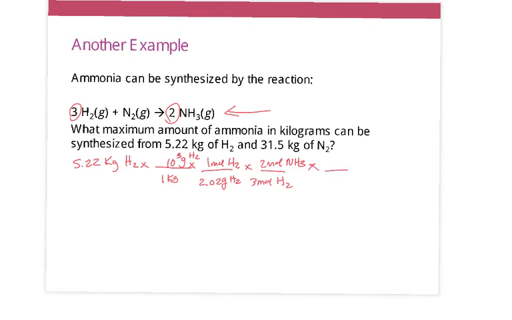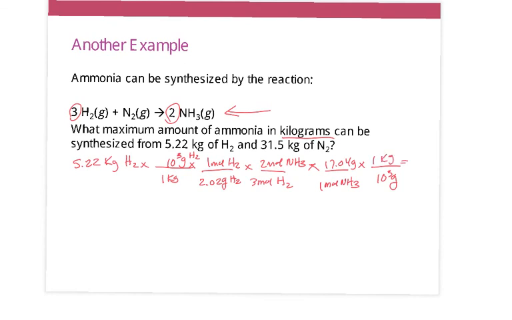Now we want to go back because we want to say what is the maximum amount in kilograms. So let's convert back to grams. For every 1 mole of ammonia, there is 17.04 grams, and for every 1,000 grams there is 1 kilogram.